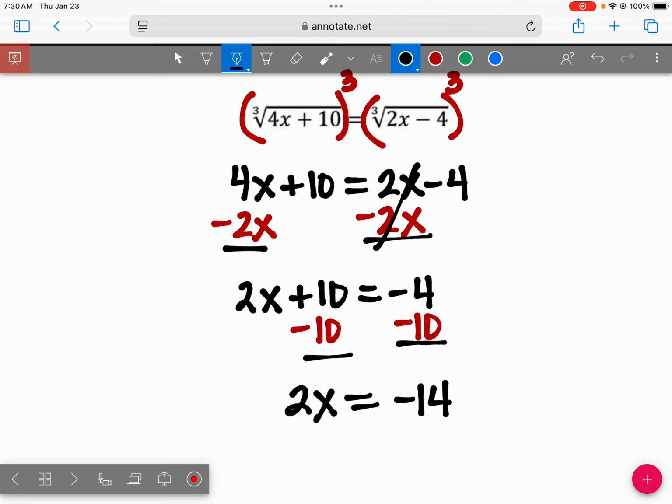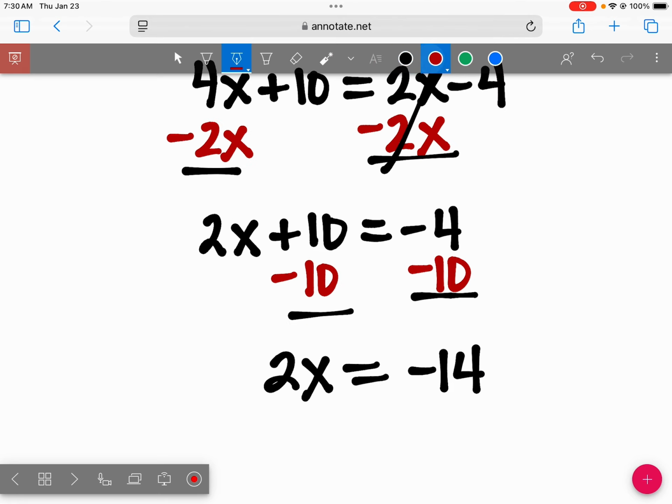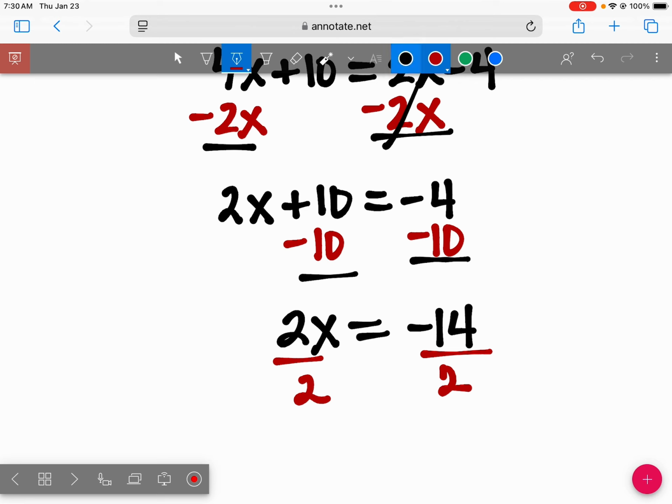So that would be a negative 14. Divide both sides by 2. And we get x equals negative 7.